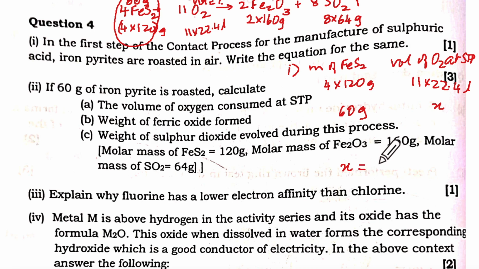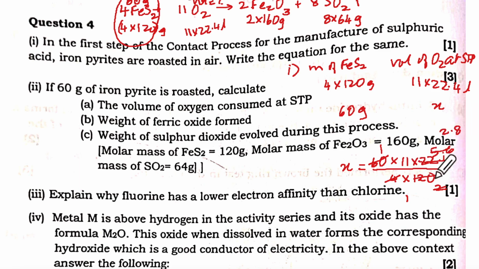X will be equal to, tell me, 60 into 11 into 22.4 upon 4 into 120. So 6 1s and 6 2s. Okay, then 4 goes here, 4 5s and 4 6s, and 2 goes here, 2.8.